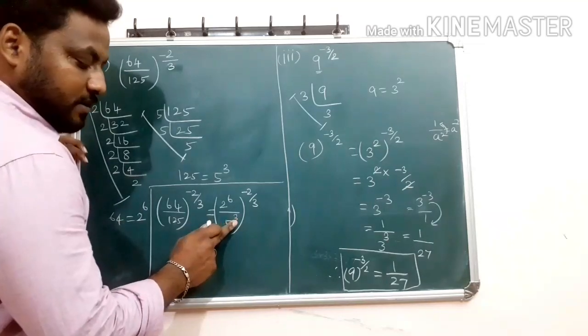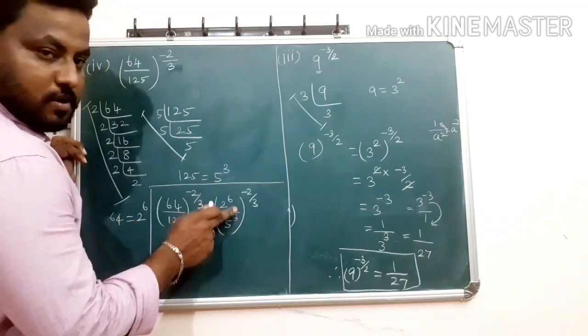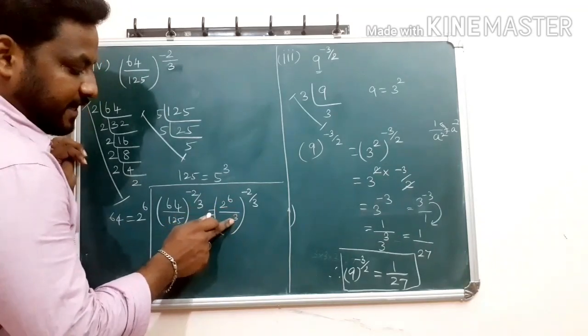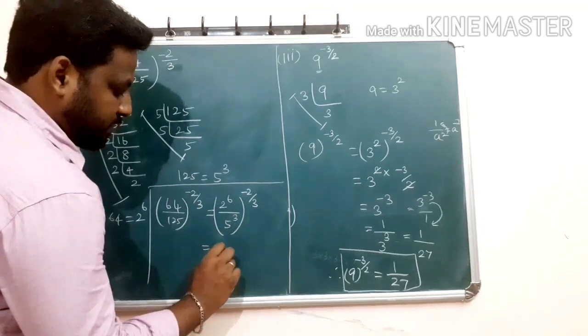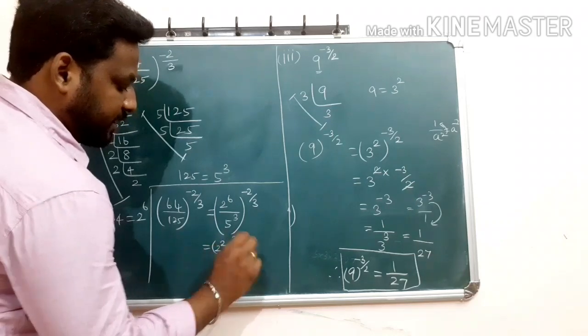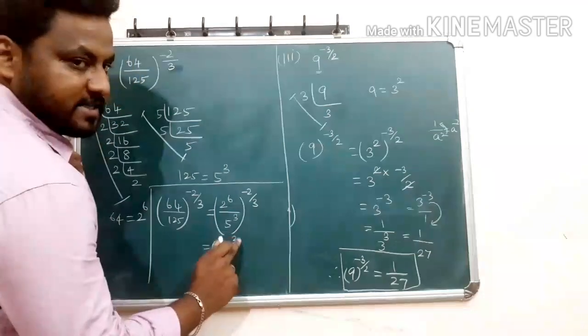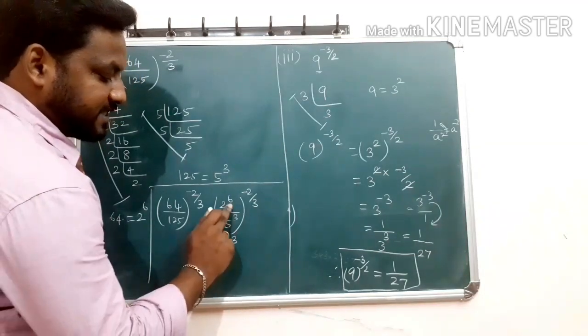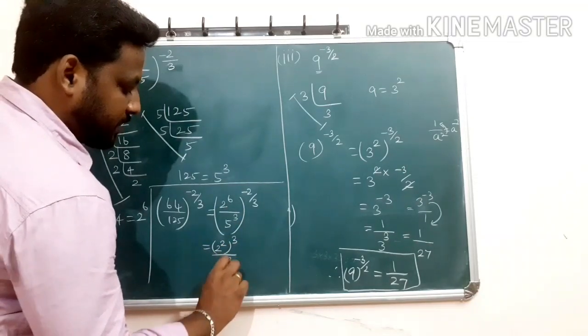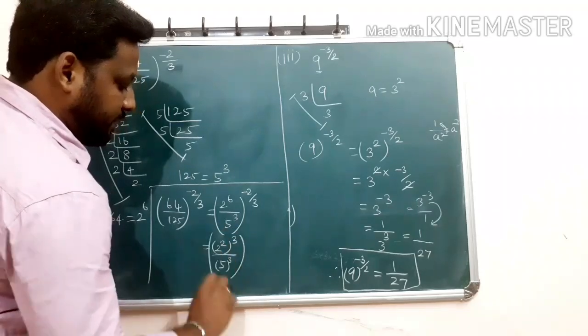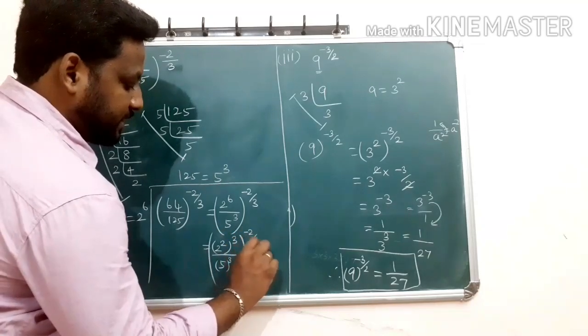Here 3 is common in numerator and denominator. So 2 power 6 you can write as 2 power 2 the whole power 3. We know that a power m the whole power n is equal to a power m into n. So 2 3s are 6, divided by 5 power 3, the whole power minus 2 by 3.